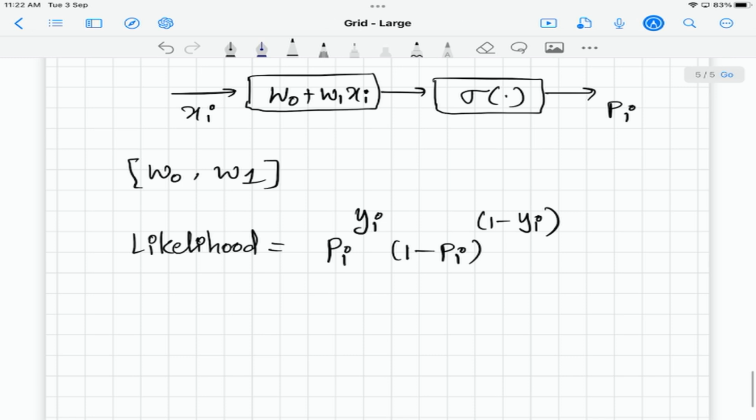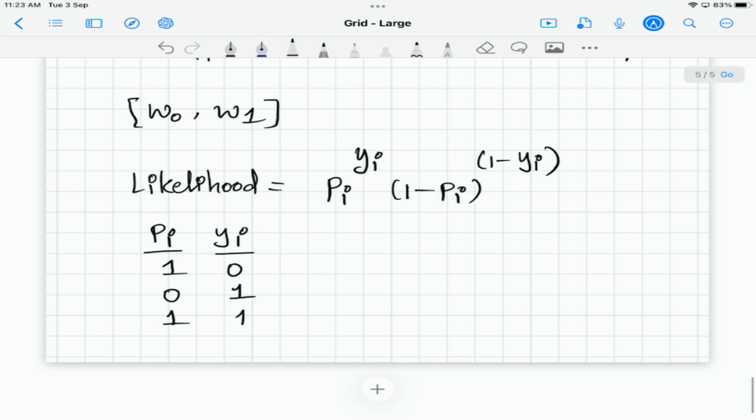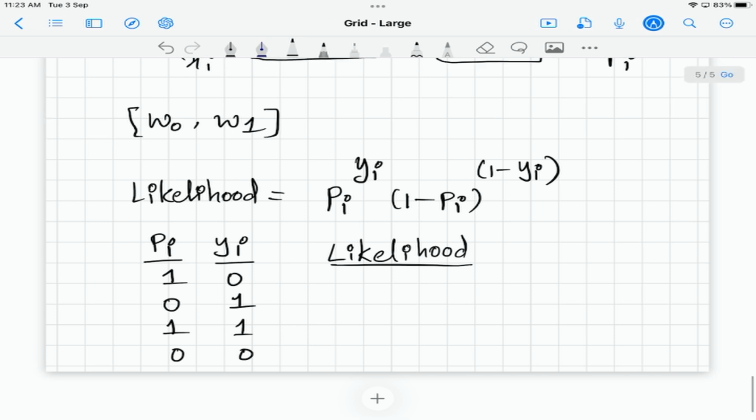Let's see what happens to the likelihood for all 4 possibilities: predicted 1 with ground truth 0, predicted 0 with ground truth 1, ground truth 1 with predicted 1, and ground truth 0 with predicted 0. Using the Bernoulli likelihood formula, can you find the likelihood for all these 4 cases and tell me what happens?